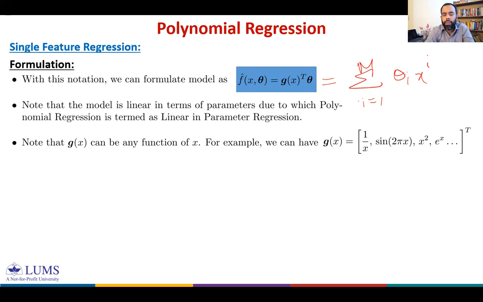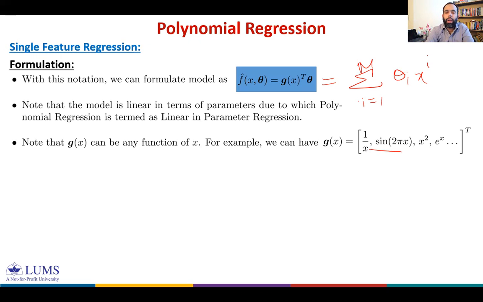If I use this g of x, my model is still linear in parameter, because theta 0 would be associated with 1 over x, theta 1 would be associated with sine 2 pi x, and so on and so forth. So you can see here that we are studying a broad class of regression problems.